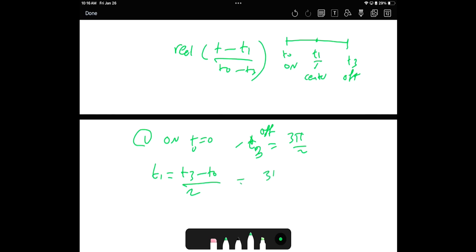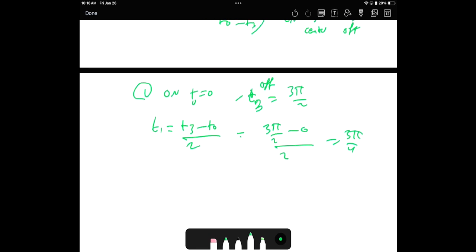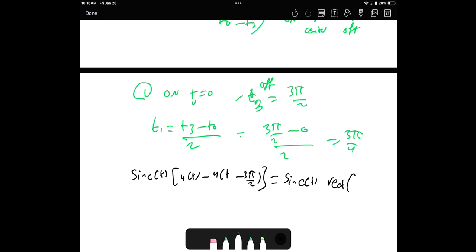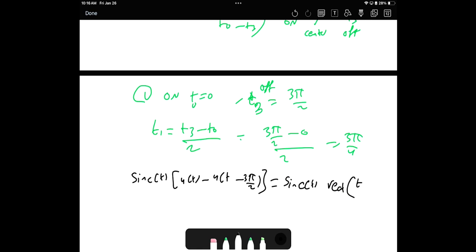So, which is going to be 3 pi over 2 minus 0 divided by 2, then it will be 3 pi over 4. So, I can represent sinc of t, u of t minus u of t minus 3 pi over 2 as follows: sinc of t times rect of t minus t1, which is 3 pi over 4, divided by t3 minus t0.